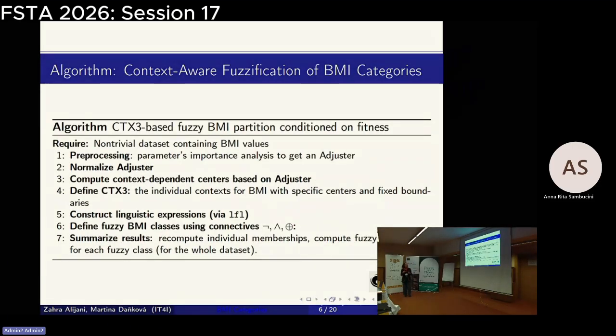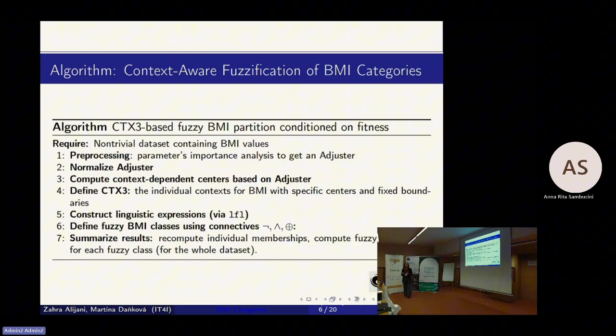How does the algorithm work? As a requirement, we need a non-trivial data set that contains BMI values. Then we pre-process the data and check the parameters that are important to the analysis to get the adjuster, and then we normalize the adjuster.